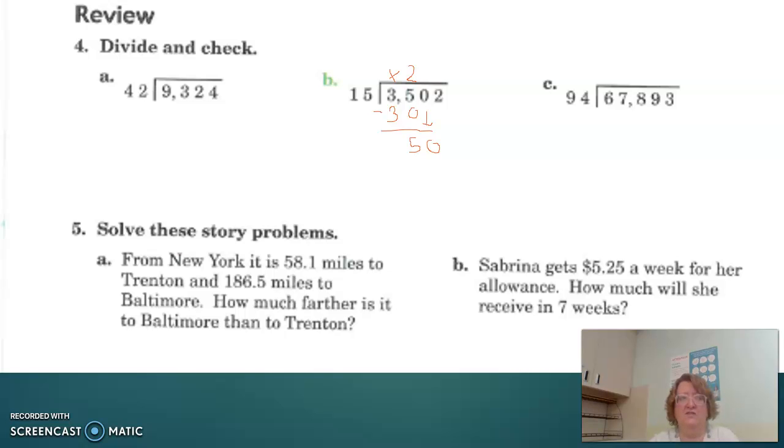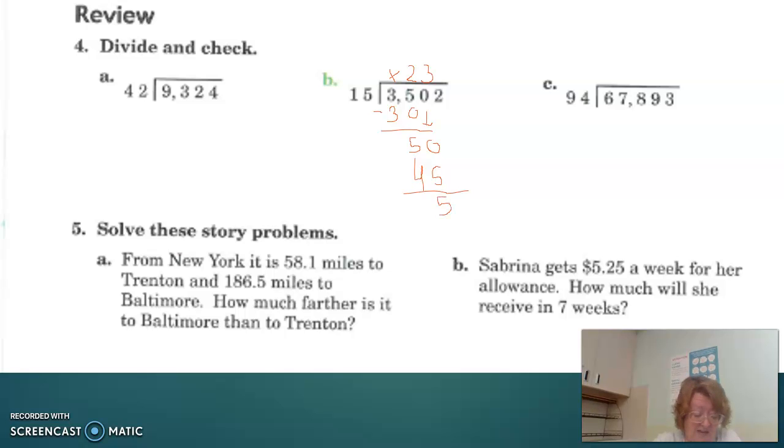Which one of those 4 numbers was closest to 50? And that answer would be 45. So how many 15s does it take to make 45? The answer would be 3. And so then 15 times 3 equals 45. 50 take away 45 is 5.